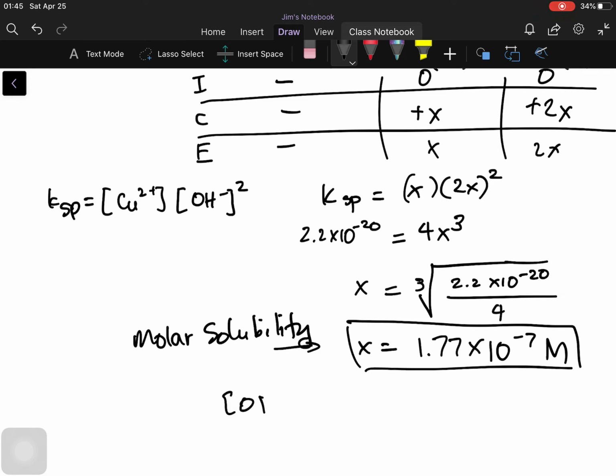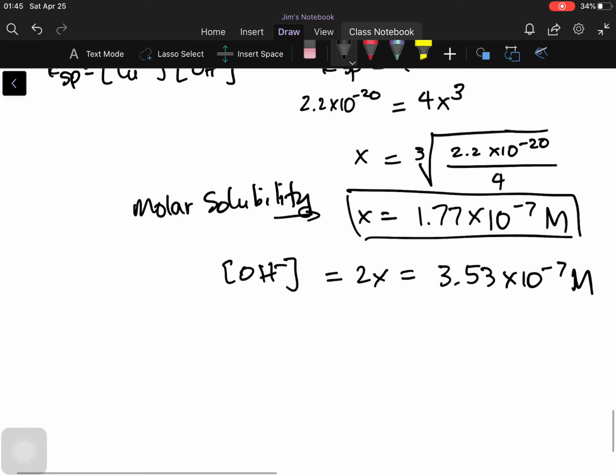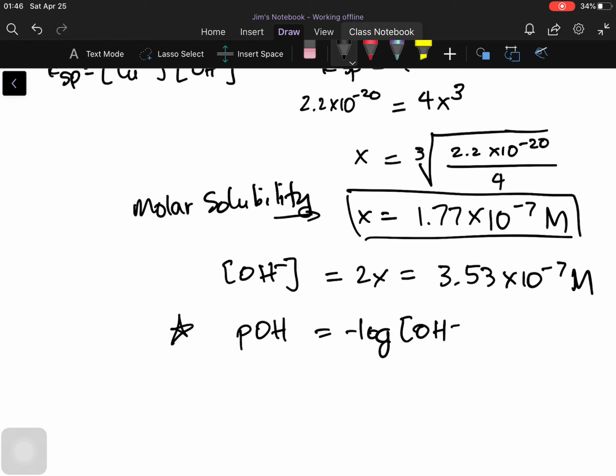So the concentration of OH is equal to 2x, which is 3.53 times 10 raised to negative 7 molar. Okay. To solve for the pH, we can use the equation pOH is equal to negative log of OH, and pH plus pOH is equal to 14.